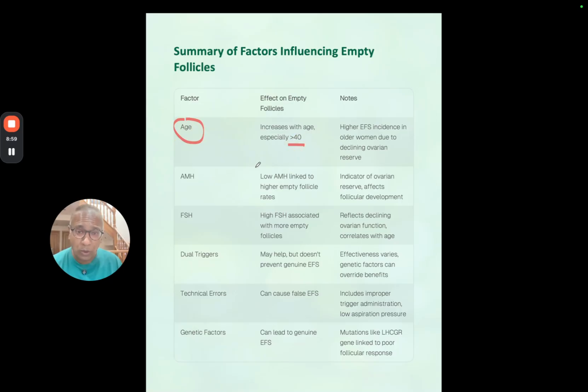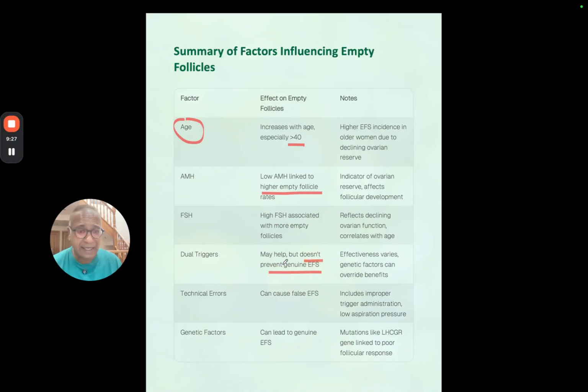So let's summarize. Age: empty follicle syndrome increases with age, over the age of 40. AMH: low AMH is linked to a higher number of empty follicles and shows the impact of ovarian reserve decline. FSH: a high FSH is associated with aging and will show more empty follicles, and it reflects the aging process. Dual triggers may help, but they don't prevent genuine empty follicle syndrome.